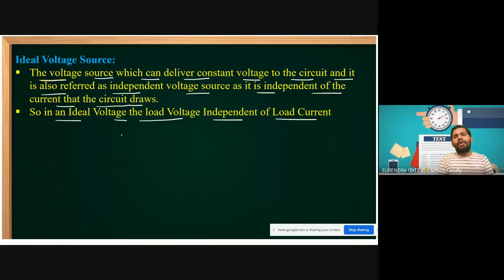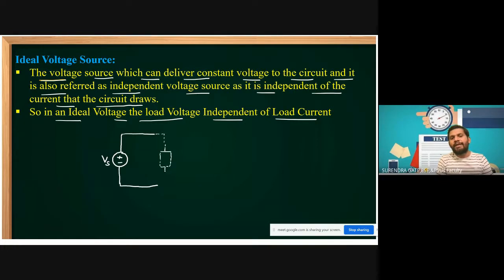This is the one ideal voltage source, with plus and minus terminals. Let the source voltage be Vs. Across these terminals, we connect one load. Let any load be connected, one element is connected.